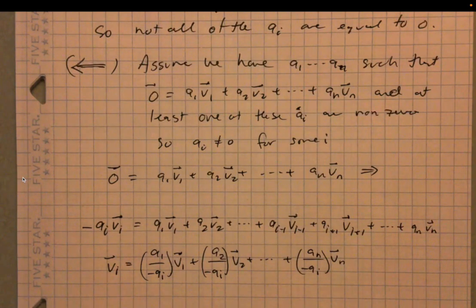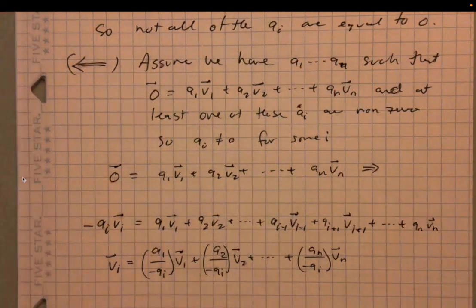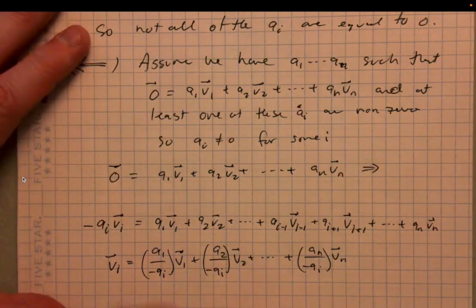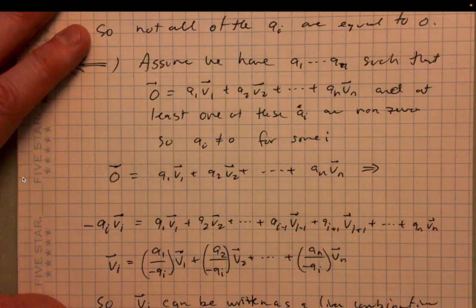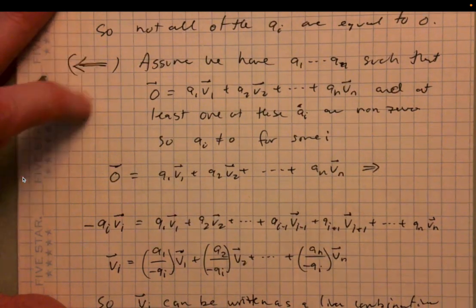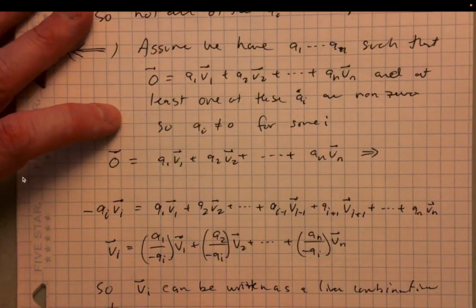So what does this mean? It means vi can be written as a linear combination, specifically of v1 dot dot dot vi minus 1, vi plus 1 dot dot dot vn.